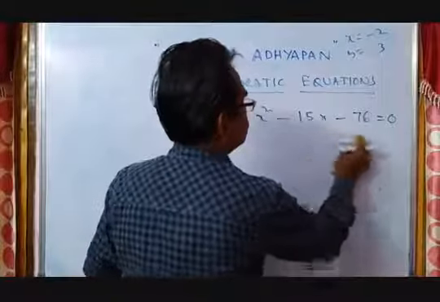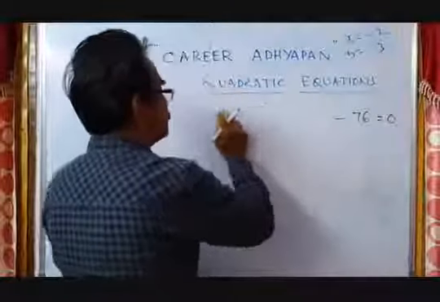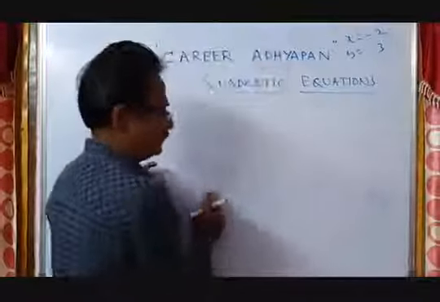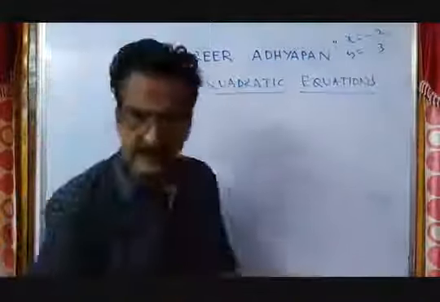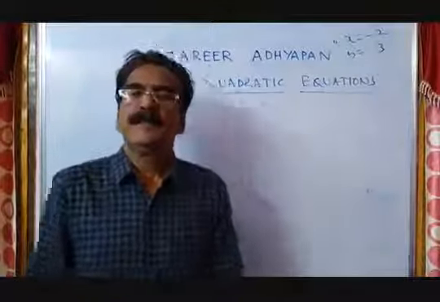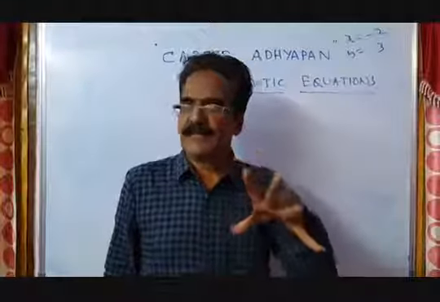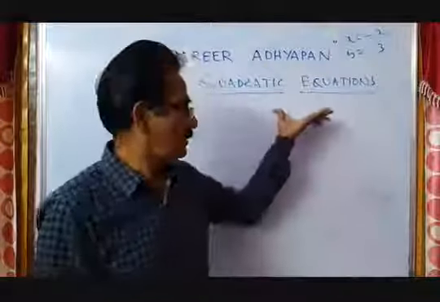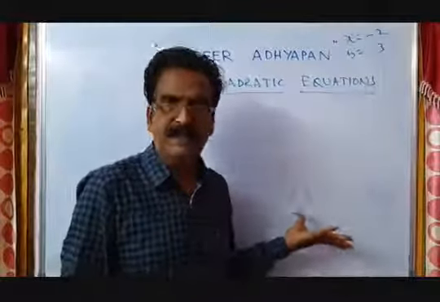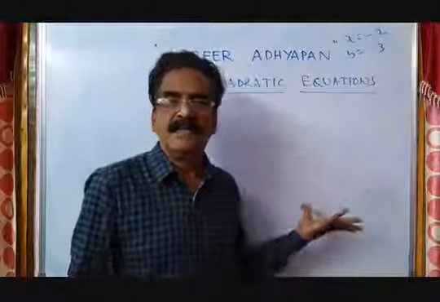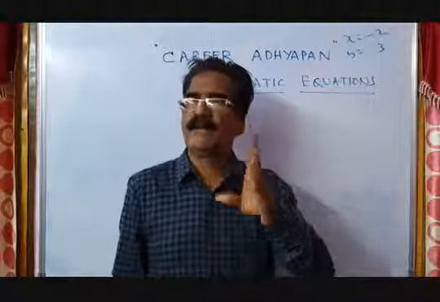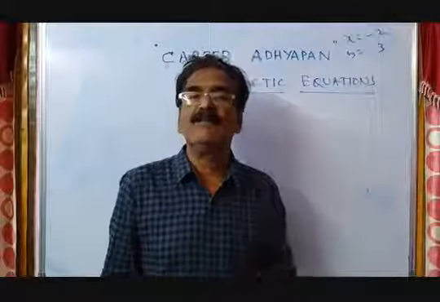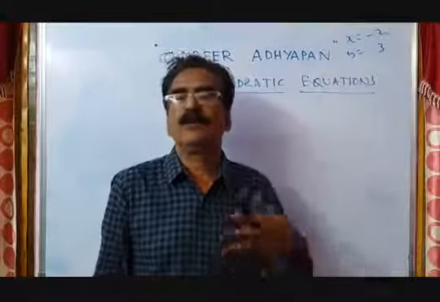So friends, see, in all the examples we have considered, the coefficient of x square is 1. If the coefficient of x square is not 1, what to do?